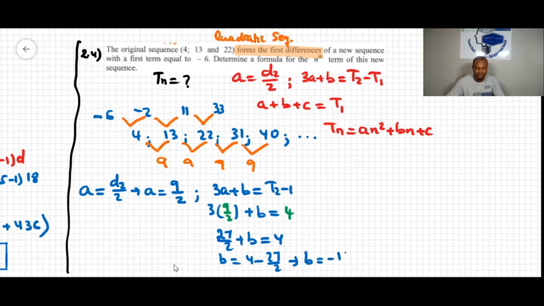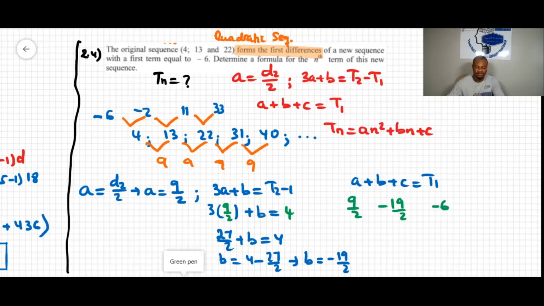Now to work out c, we know that a plus b plus c equals T1. Here a is 9 over 2, b is negative 19 over 2, c is the only unknown, and T1 is negative 6.